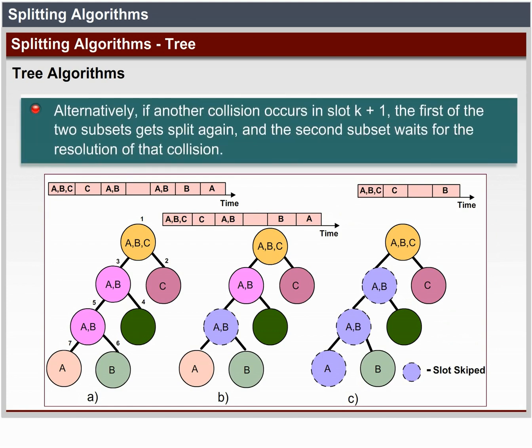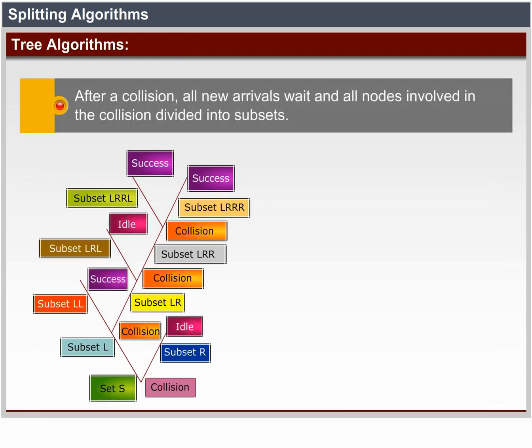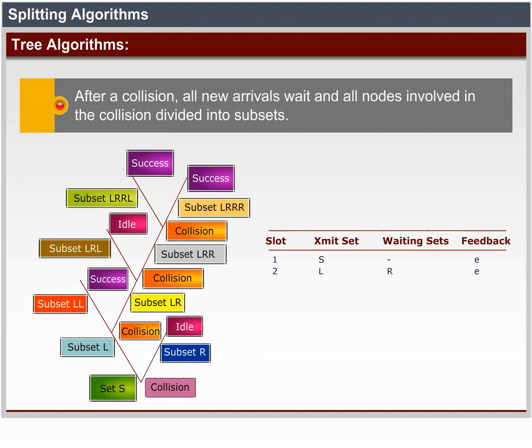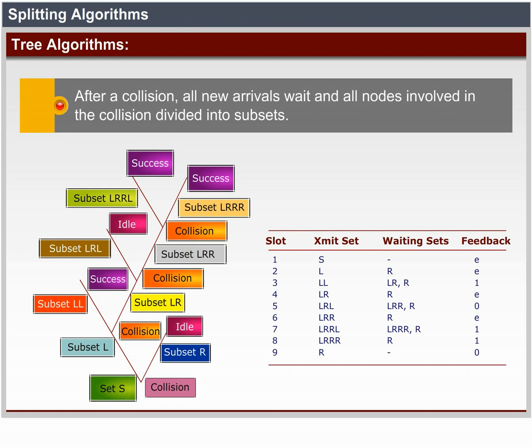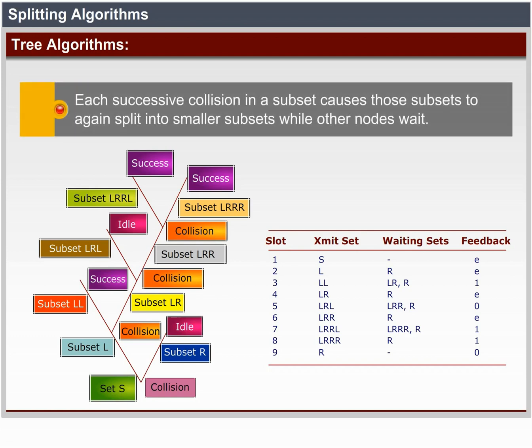Alternatively, if another collision occurs in slot k+1, the first of the two subsets splits again, and the second subset waits for the resolution of that collision. After a collision, all new arrivals wait, and all nodes involved in the collision divide into subsets. Each successive collision in a subset causes that subset to again split into smaller subsets while other nodes wait.